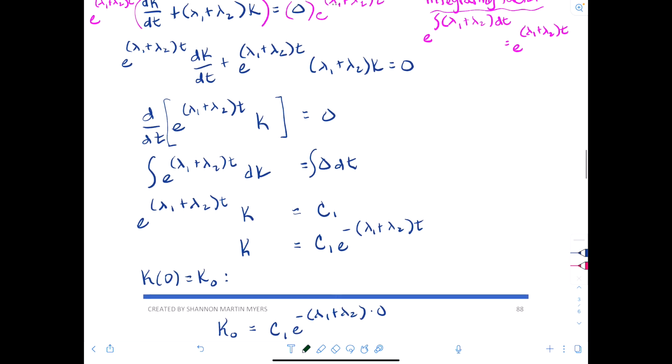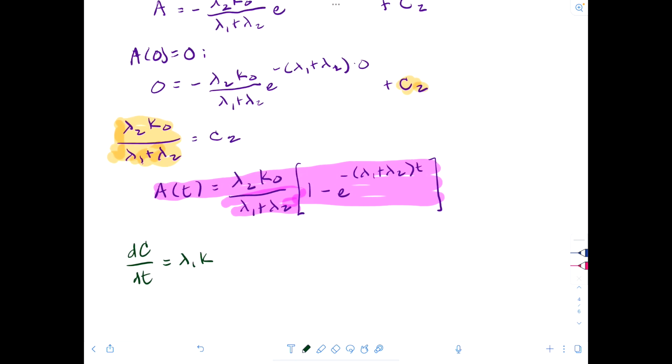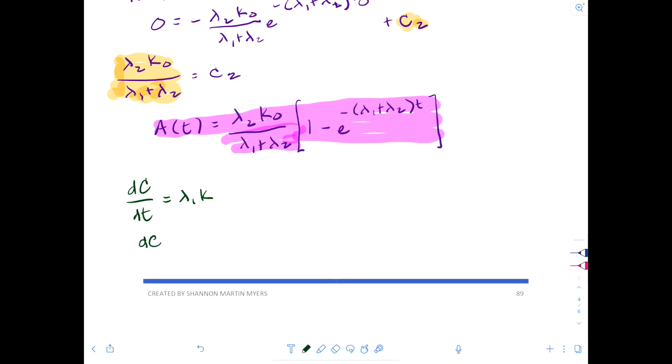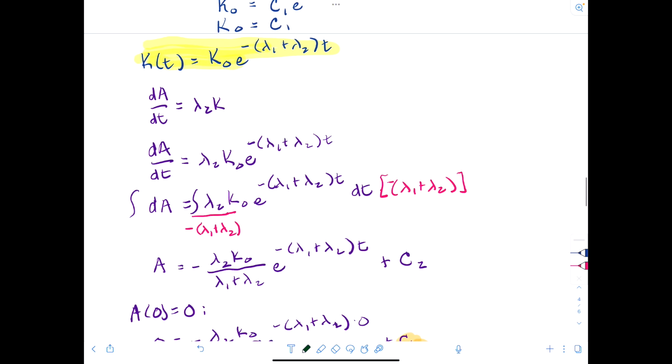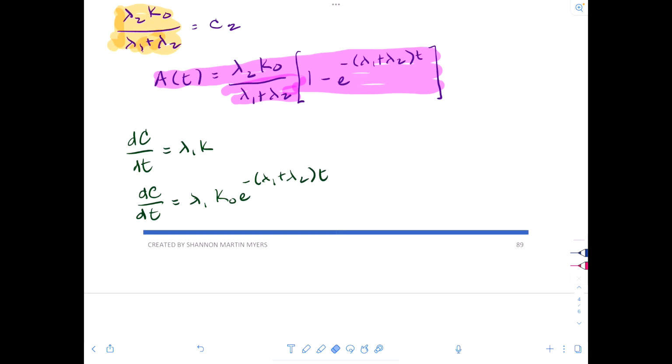That is equal to, coming to that first one, lambda 1 times K. But in for K, right, we need to plug in K0, just like we did with A, e to the negative lambda 1 plus lambda 2 times t. dC is equal to lambda 1 times K0 times e to the negative lambda 1 plus lambda 2 times t dt.